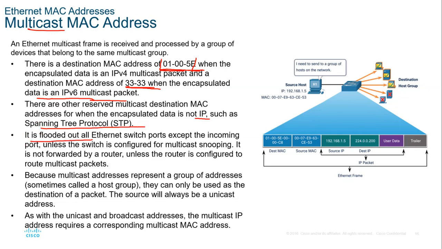It is still flooded out all Ethernet switch ports except the incoming port, unless the switch is configured for multicast snooping. It is also not forwarded by the router, unless the router is configured to route multicast packets. Because a multicast address represents a group of addresses, sometimes called a host group, it can only be used as the destination of a packet, but not the source. So the source will always be unicast.